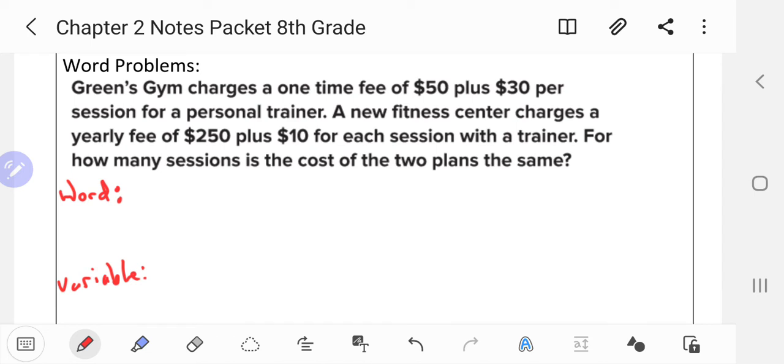So we want the cost of Green's gym, right? What's the cost of that? It's going to be a fee of $50 plus $30 per session.